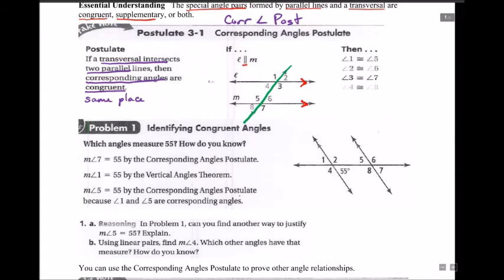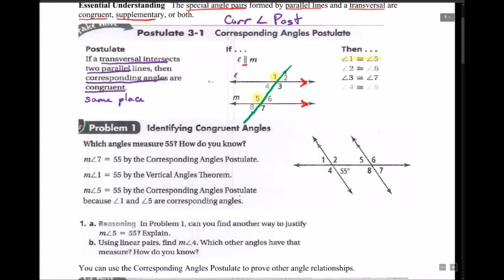So let's look for our corresponding angles here. Angle 1, well, it is above the parallel line and left of the transversal there, so I go down to my other parallel line. And angle 5 is in the same place. So I can say angle 1 is congruent to angle 5 because of the corresponding angles postulate.